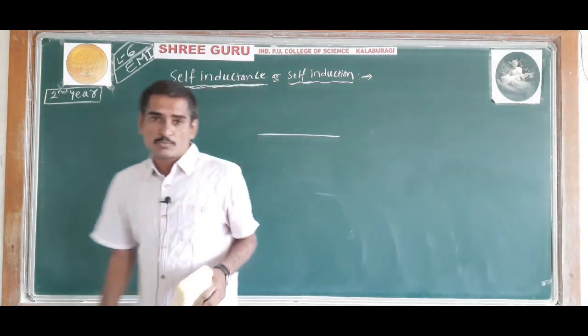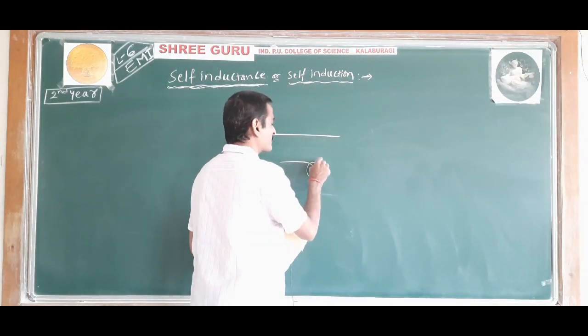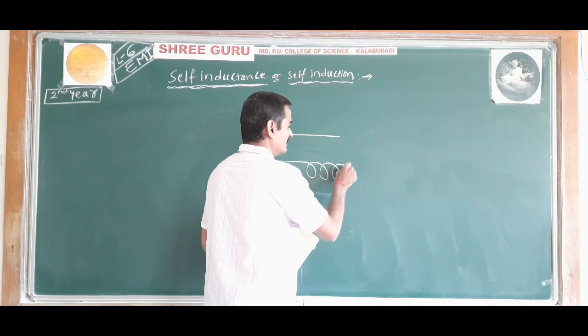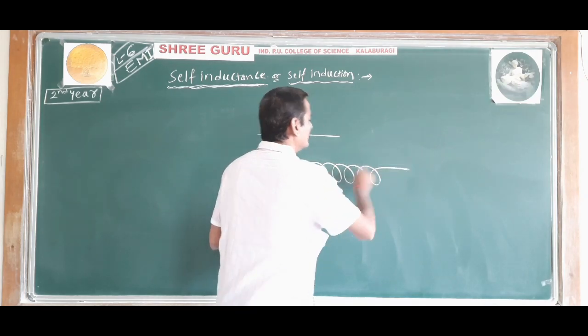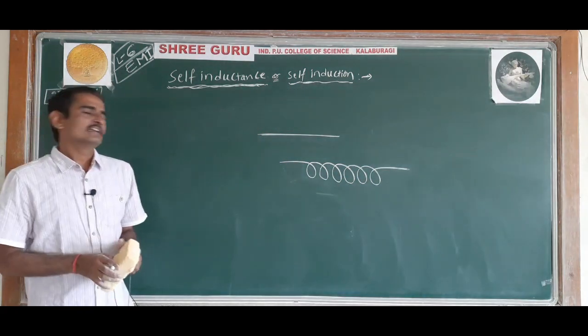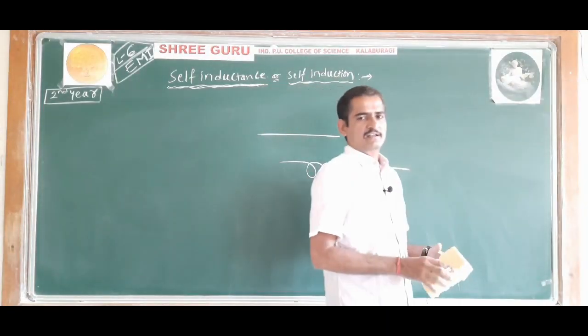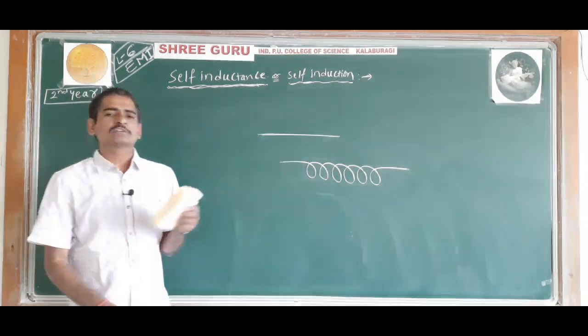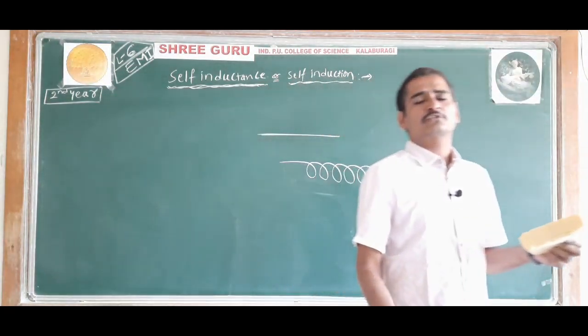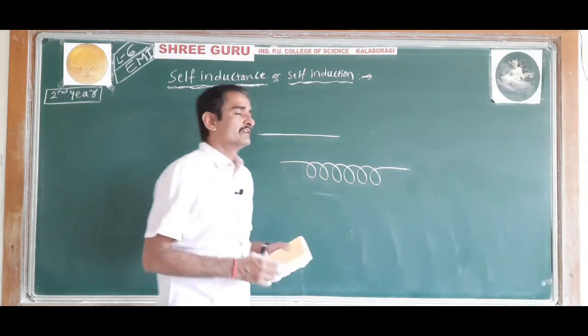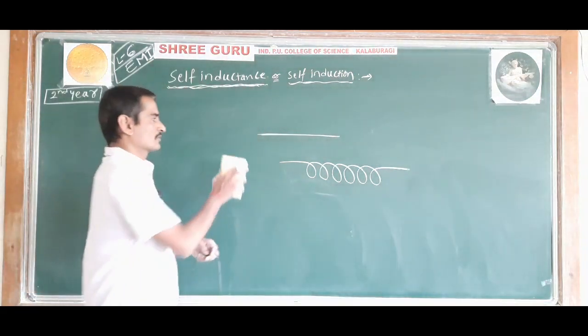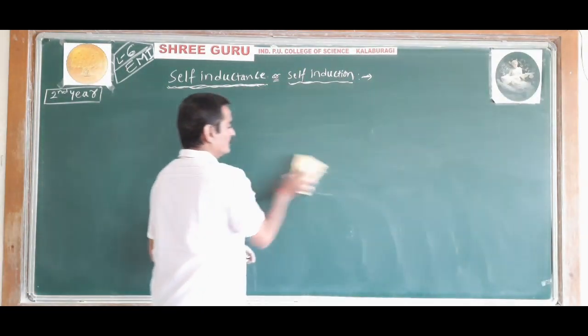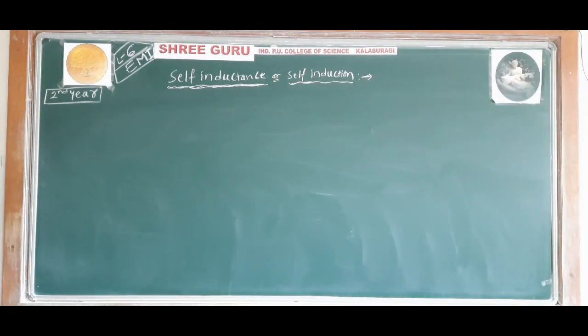When this straight wire is wound in the form of a coil, then it is called an inductor. A tightly wound coil of insulated wire which opposes the growth or decay of current through it is called a self-inductor. Understood? Okay. So now let us find the self-induction of a solenoid.